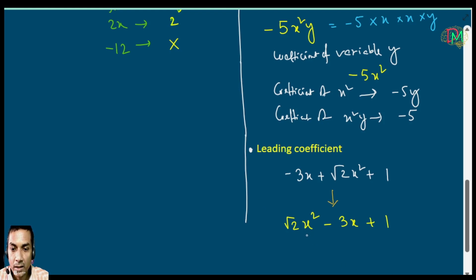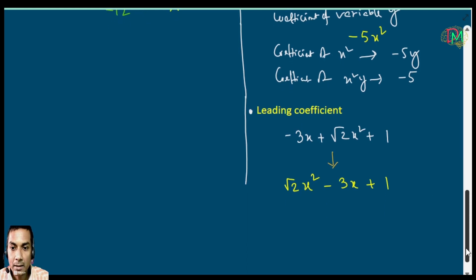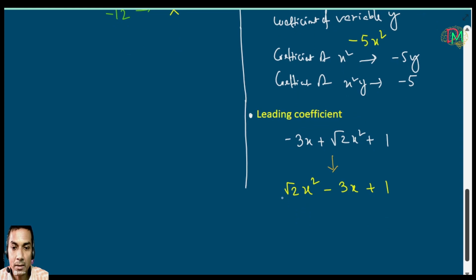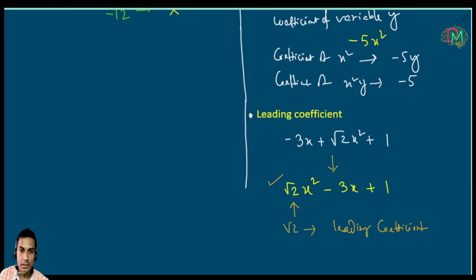Later we will learn about the order of polynomials, which means the highest power of the variable. Clear? So this part, root 2, is the leading coefficient of this polynomial. Clear?